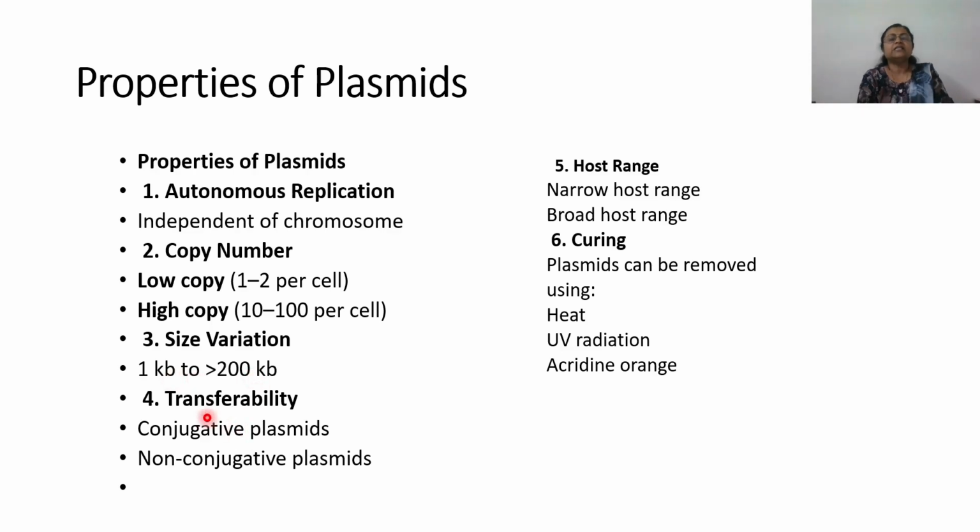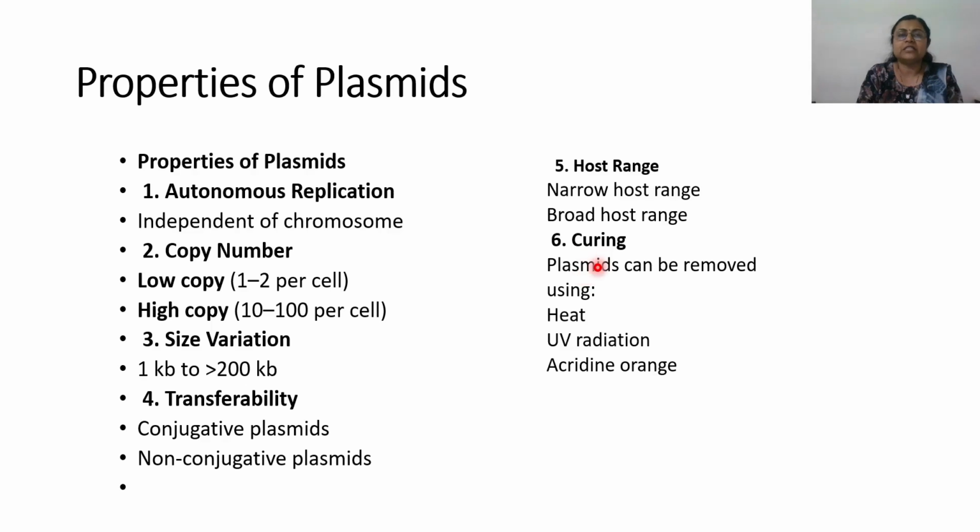Then transferability. Conjugative plasmids have the ability to transfer plasmid genes from one organism to another organism. Non-conjugative plasmids are also there. Then host range. Some plasmids show a narrow host range, present only in certain types of hosts, whereas some plasmids are present in many hosts, meaning they possess a broad host range.